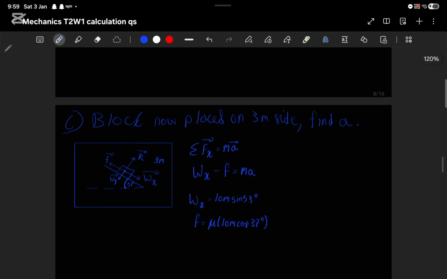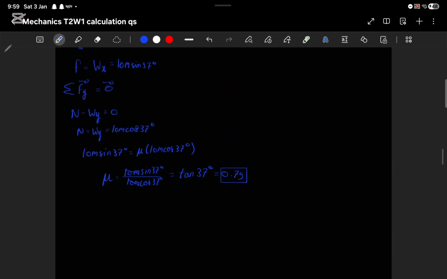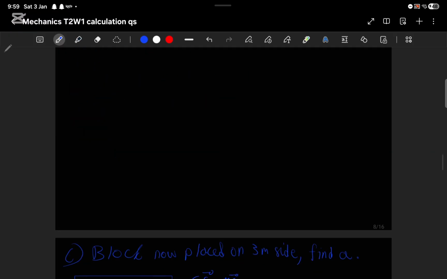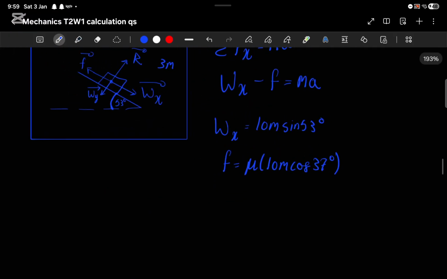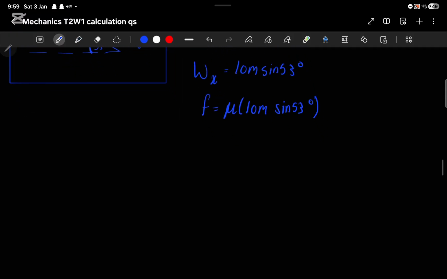Right? I'll just make sure. Yes. 10m cosine 37 degrees. Now, obviously, you can rephrase this as sine 53 degrees. Doesn't matter, because remember, sine theta is the same thing as cosine 90 minus theta. But we're not going to do that. We're going to go from our previous working, cosine 37 degrees. Okay, and mu was 0.75.